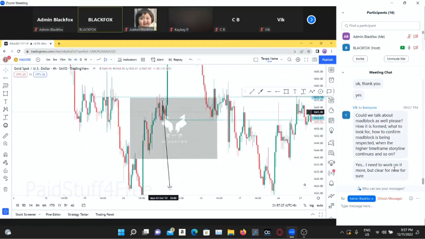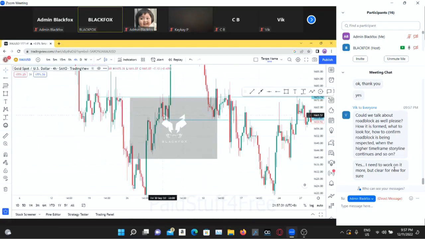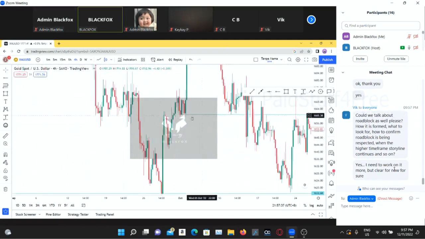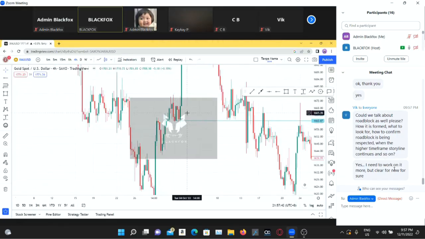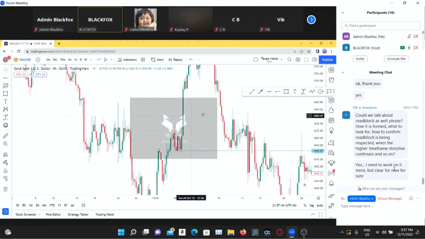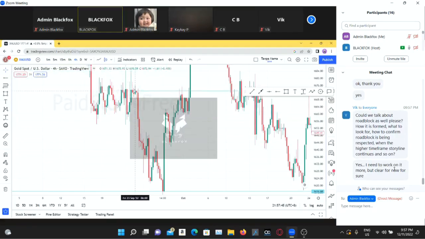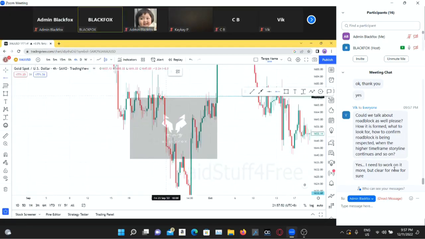Just like that for storyline. Any question about storyline again? If you want to know the price respects the roadblock, just wait for the candle close reject. If you want to find the daily storyline level for entry, just find it from each time frame.